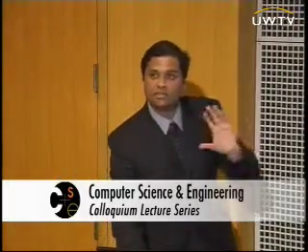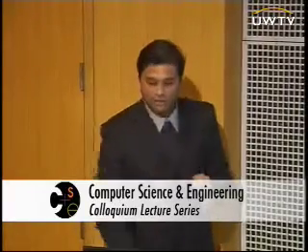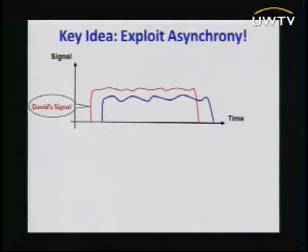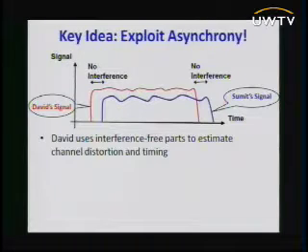So let's say David starts transmitting before Sumit does. So there is some amount of asynchrony between these 2 nodes. And what that results in at the signal level is this small interference-free part at the start and at the end, because David started transmitting slightly before Sumit did. So you can use these interference-free parts to estimate the amount of distortion the channel is applying on your signal, as well as the amount of asynchrony that exists between these 2 nodes.